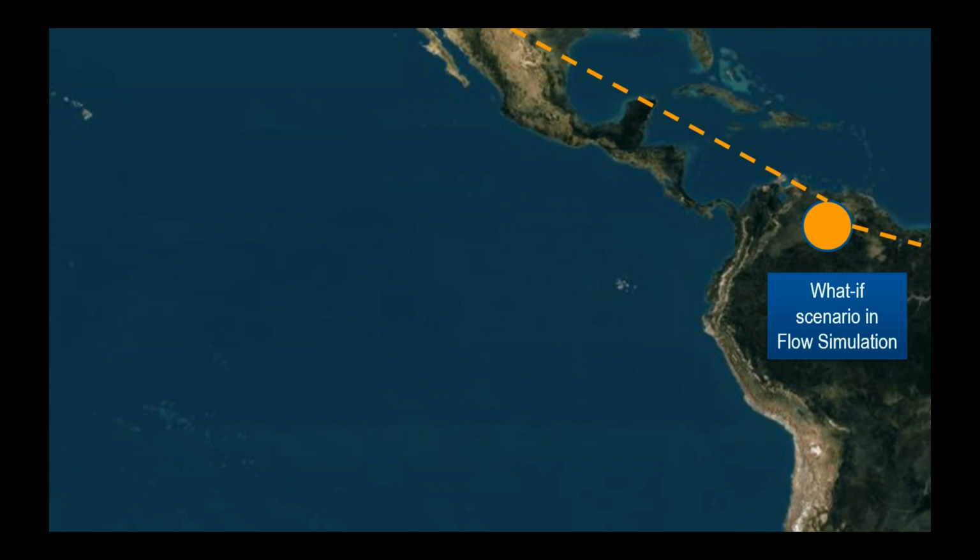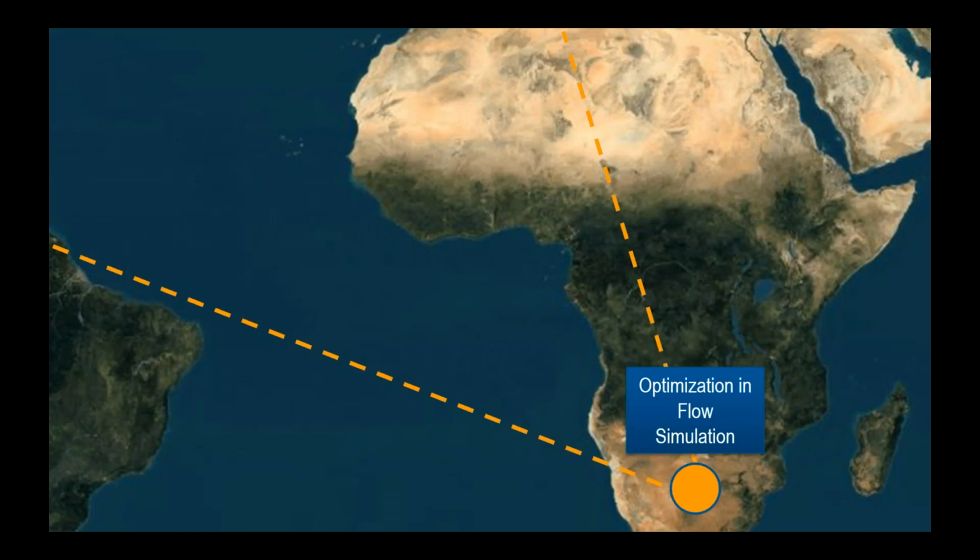Okay, so let's go on, the next topic will be optimization in flow simulation. So we have talked right now about what-if scenarios, so let's say a manual approach, automated. Basically, I have an input, I have a lot of design scenarios.